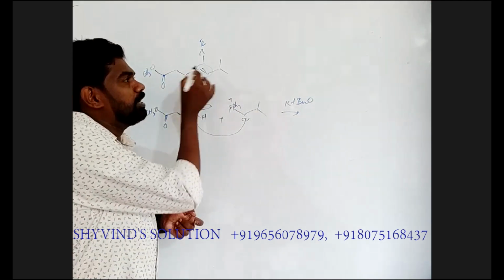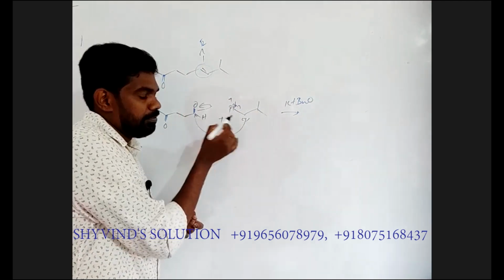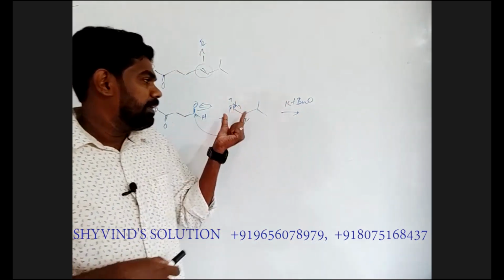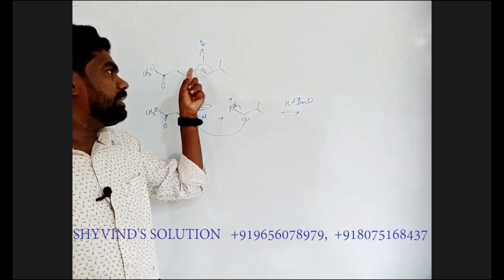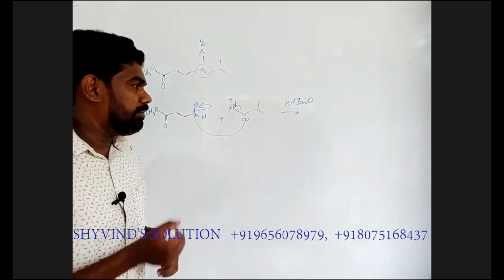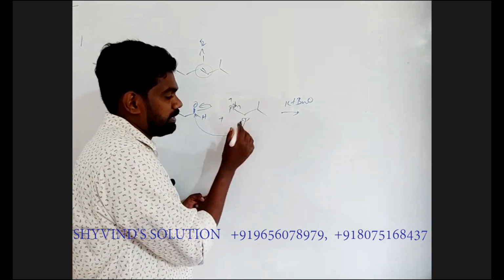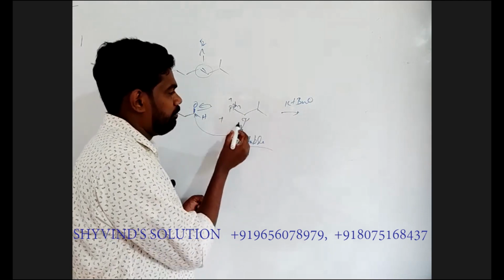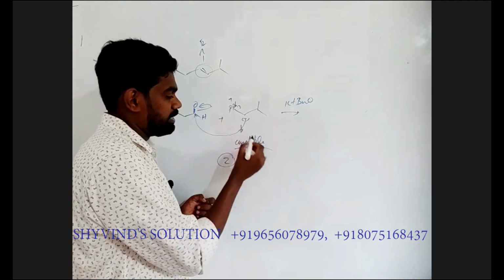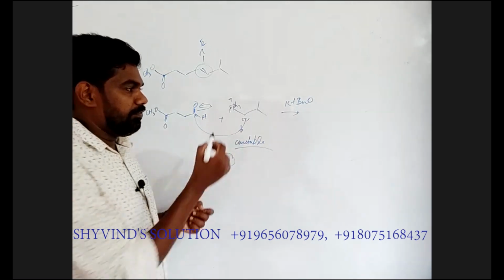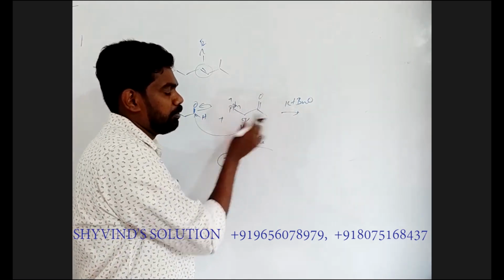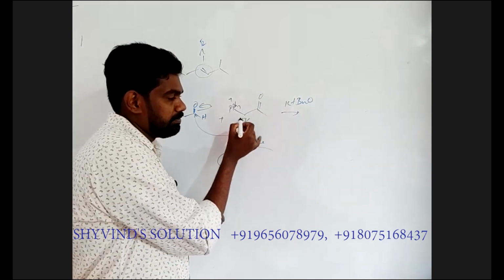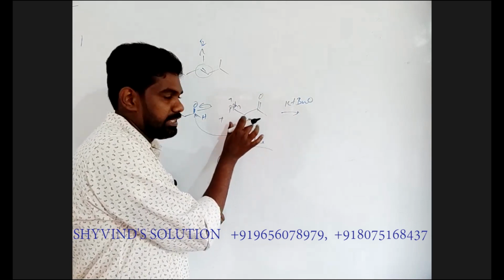The only difference is the stereochemistry of the Wittig reaction. The stability of the ylide determines the stereochemistry of this double bond. If the ylide is stable or unstable, an unstable ylide will give you the Z product. If any functional group, suppose a double bond here, stabilizes the negative charge, it becomes a stable ylide.